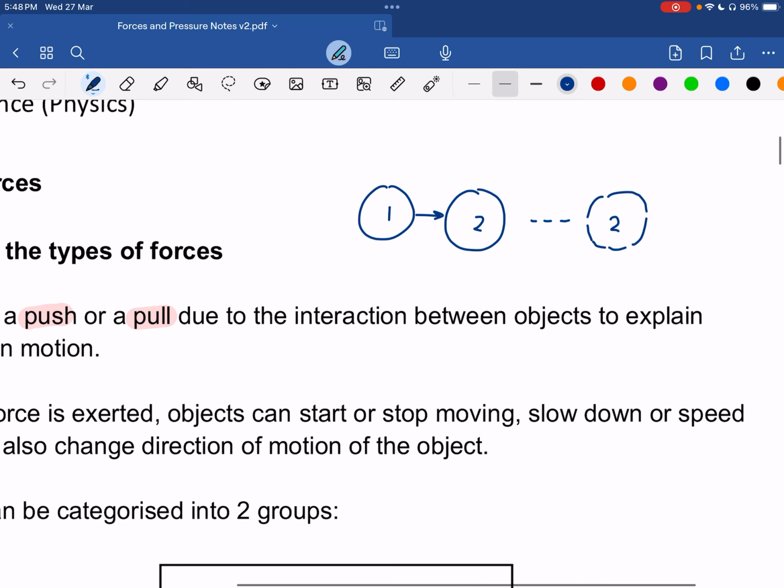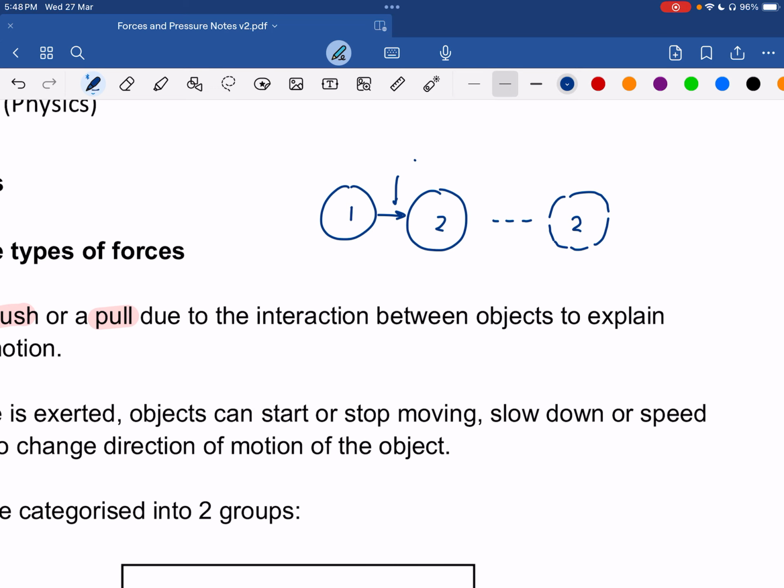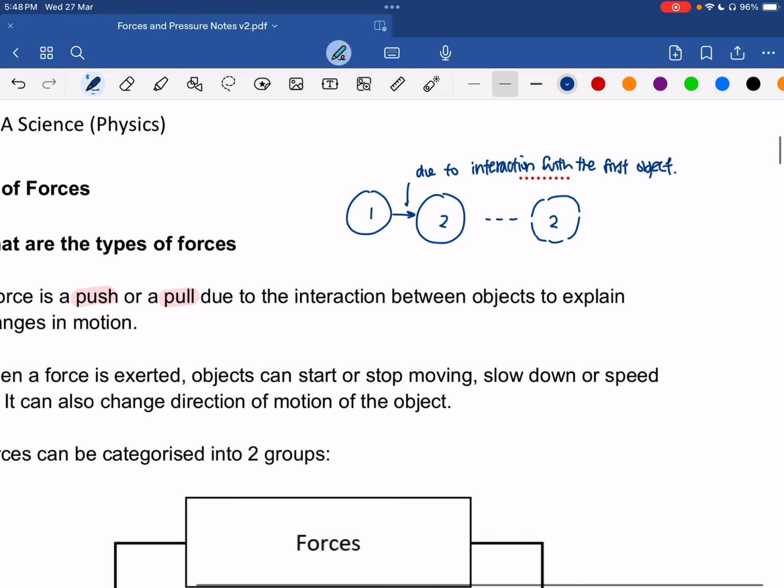In between them is what we call a force, due to interaction between the objects. So this is a force.